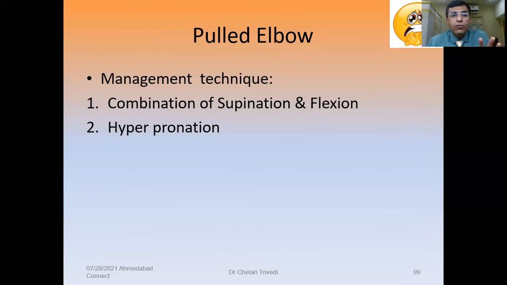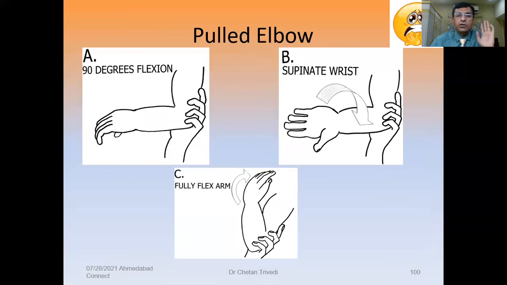Now, pulled elbow, what are the management techniques? Two techniques are there. One is a combination of supination and flexion, and second is hyperpronation. So what is this technique? Here you have to keep the elbow at 90-degree flexion. Then you give a bit of stretching. You shake hands, suppose with your left hand, you just shake the hand and then first you supinate the wrist and then you immediately flex.